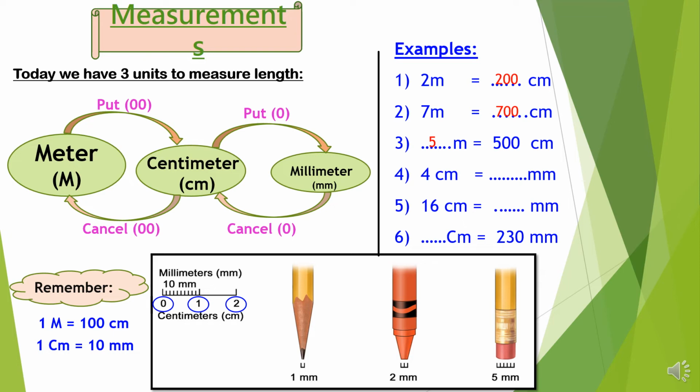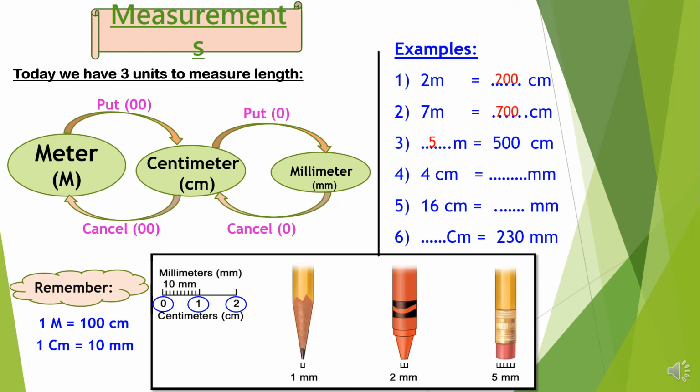We have 4 centimeters equal what millimeter? We are converting from centimeter to millimeter. We know that 1 centimeter equal 10 millimeter. So 4 centimeter, 40 millimeter. 16 centimeter, we will put what? 1 zero.